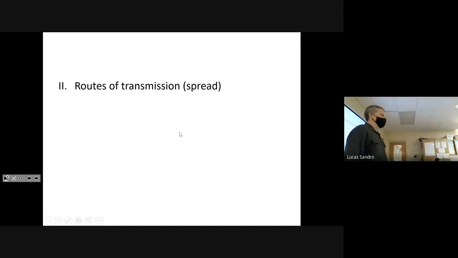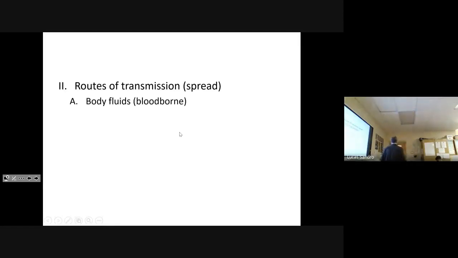Riley, one route of transmission. Absolutely. Not just blood, but we tend to refer to it as body fluids because if it's bloodborne, it is also able to be transmitted generally sexually, right? So body fluid transmission, or sometimes called bloodborne. Airborne.